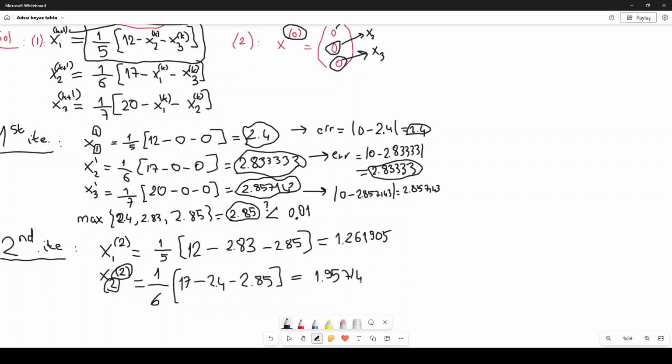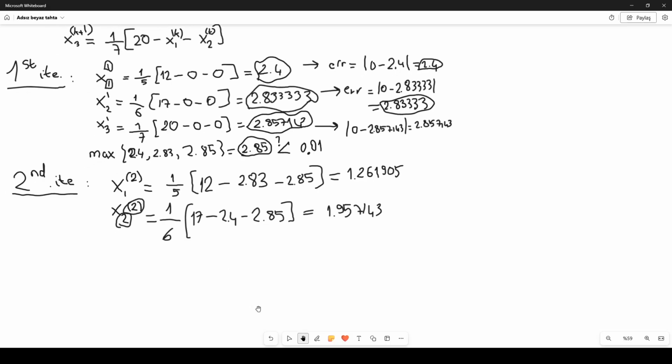71.43. So this is the actually new value of the second unknown variable in the second iteration. And how about the third variable, right? This is the new value of the third unknown variable in the second iteration. Now we will explore what it is, and we plug in the same formula here.